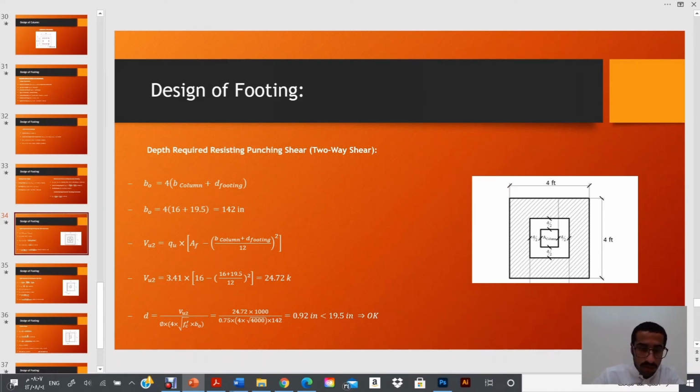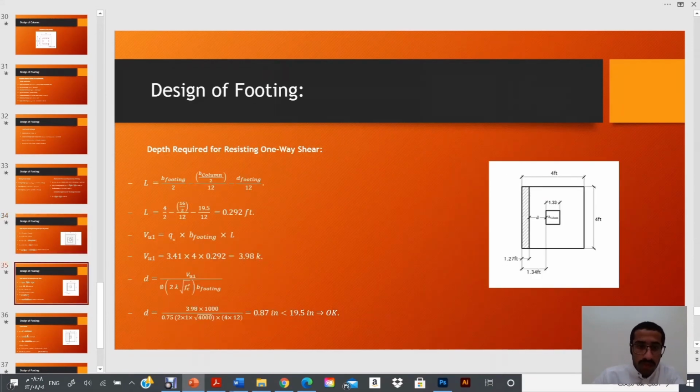We can calculate this equation, Vu2 divided by phi multiplied by 4 square root of f'c multiplied by b0, equals 0.92, which is less than the assumed depth 19.5, which is okay, safe.